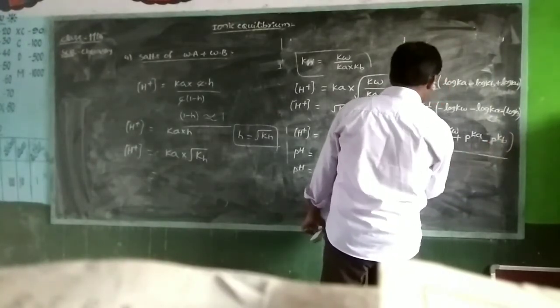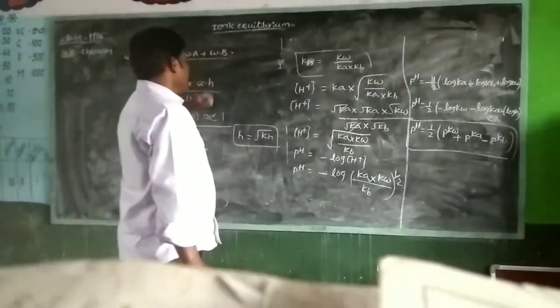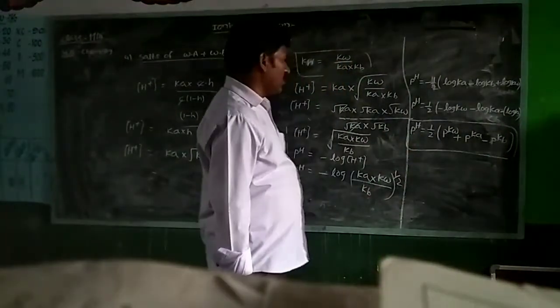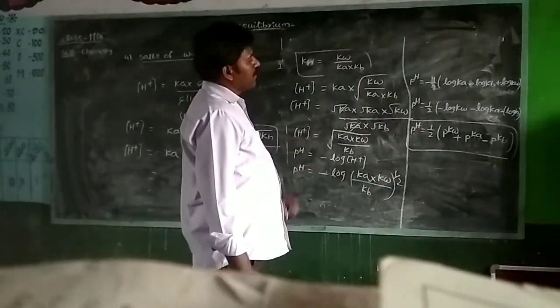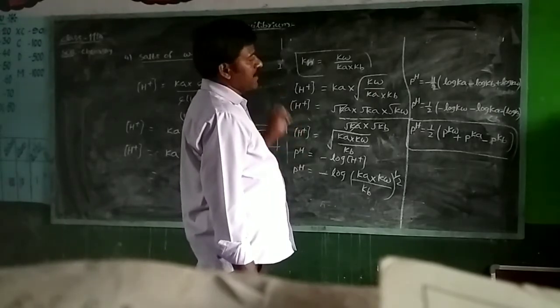This is the pH of salts of a weak acid and weak base: pH is equal to half of pKw plus pKa minus pKb.